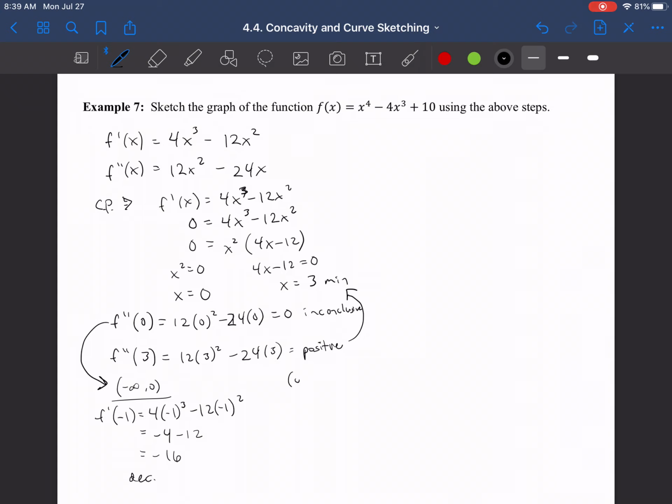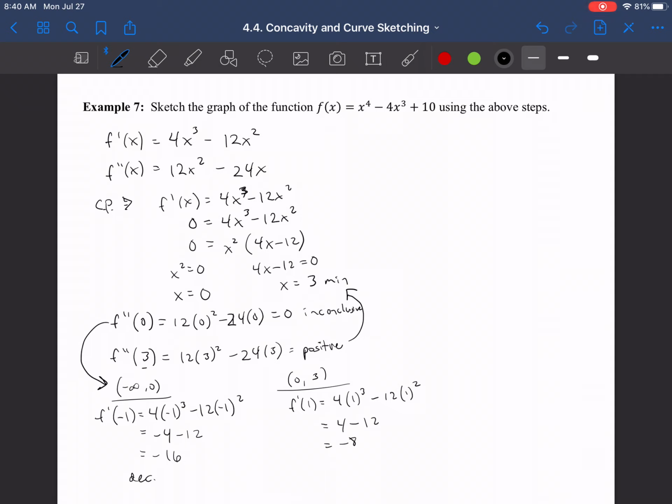And then we don't want to go past 3, so let's look from 0 to 3, right? Because 3 was our other point. So from 0 to 3, let's just do f prime of 1. This is 4 times 1 cubed minus 12 times 1 squared, and we end up with 4 minus 12, which is also still negative.